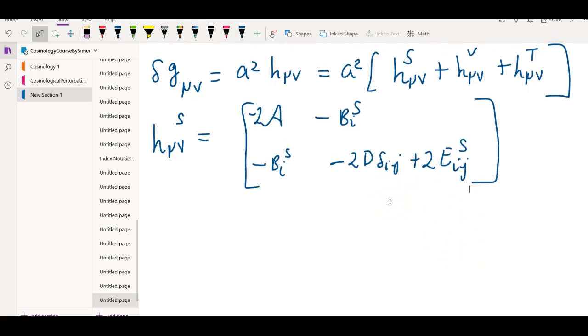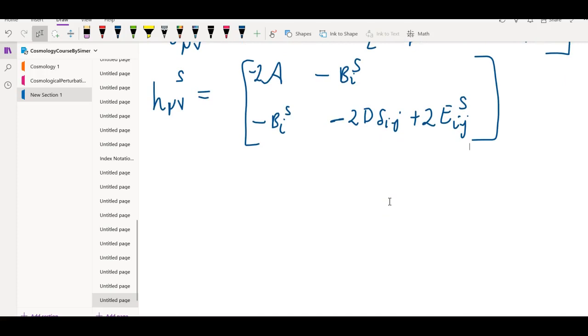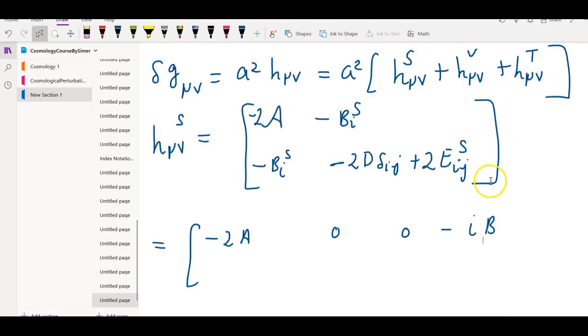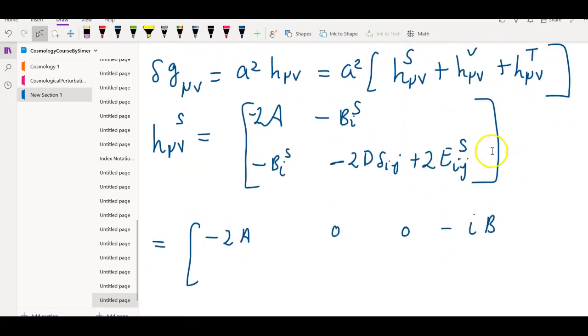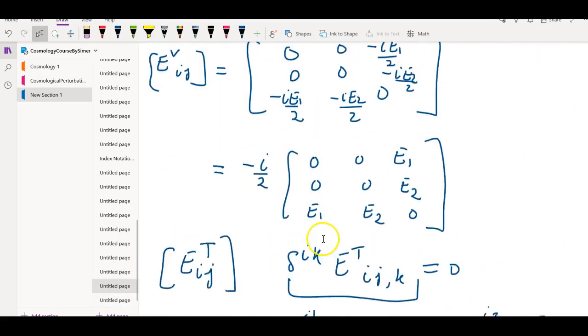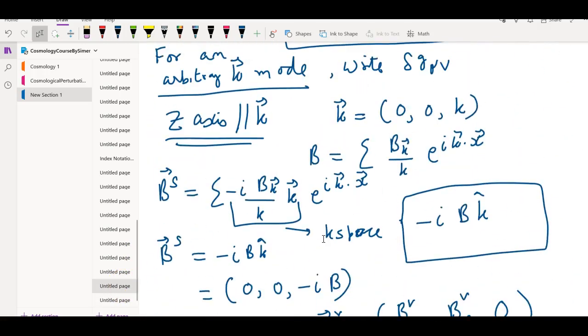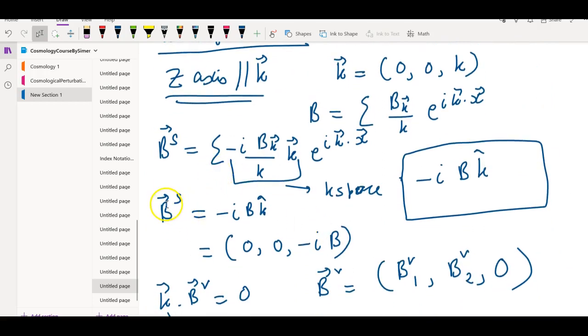Okay, now I'm talking of the scalar components of h mu nu. So this is minus 2a, 0, 0, minus iota b, right? That's what we saw, that bis is minus iota b.